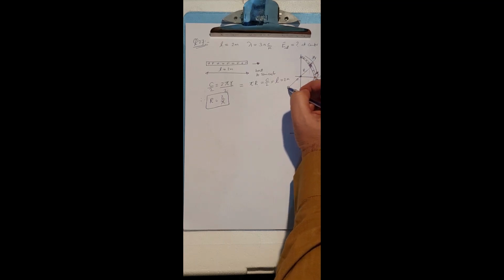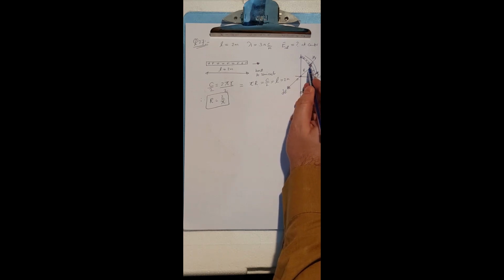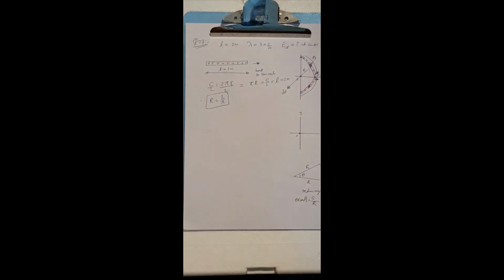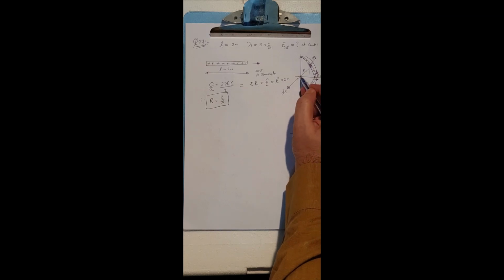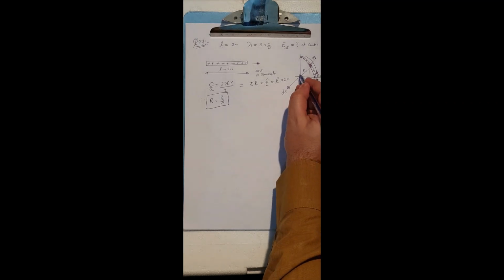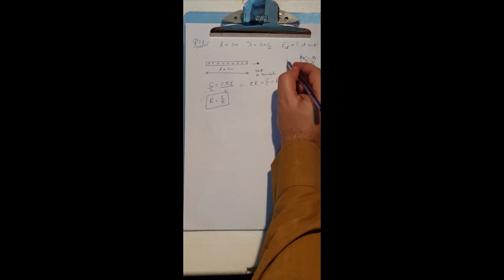Of course, this is not the total, so we call it dE. The electric field of this element is this way. Now, what about this element which is symmetrical? What's the electric field here? This is the same R, and the test charge is positive, so you have an electric field this way. Again, for this sample, dE.